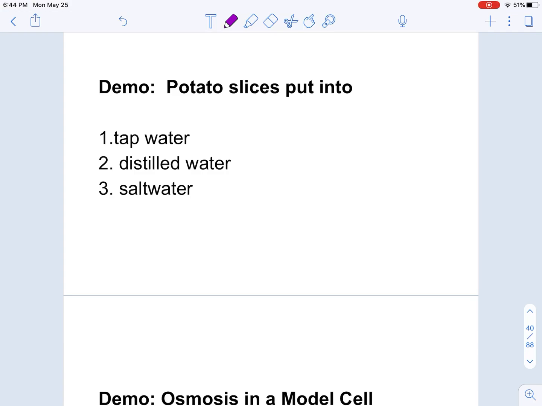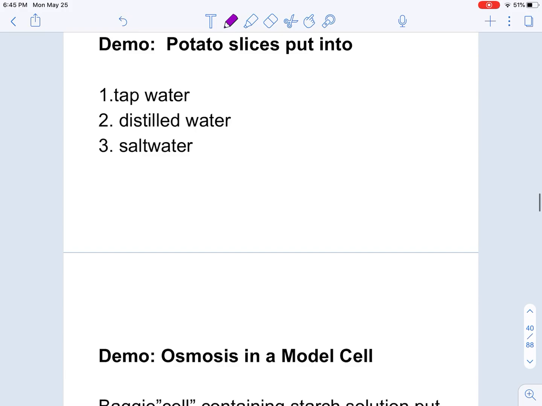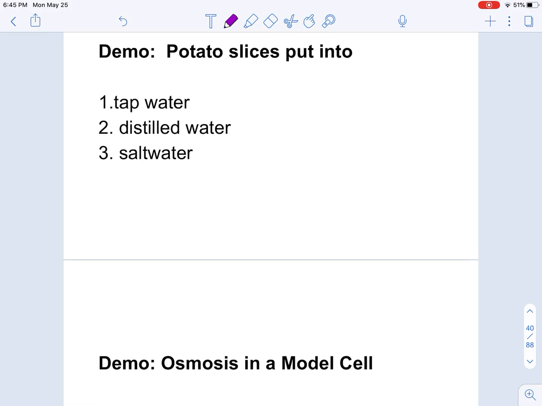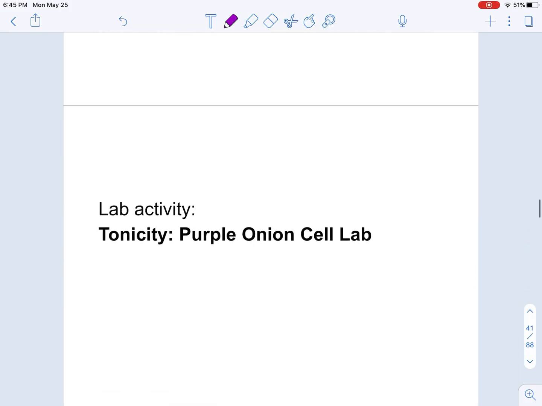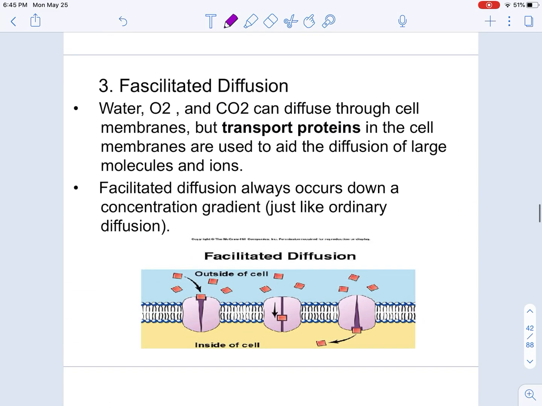Basically, the one that was salt water was so concentrated that the fluid came out of the potato and into the salt water, and your potato totally shrunk up and became the smallest one. And in distilled water, the potato got all plumped up and was the biggest one in mass. So those are masses that were taken.